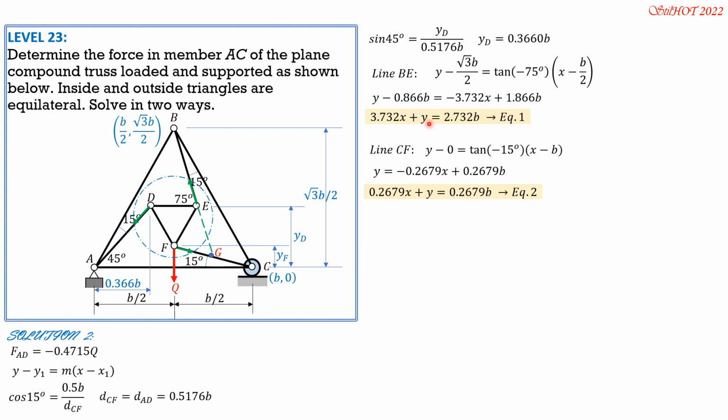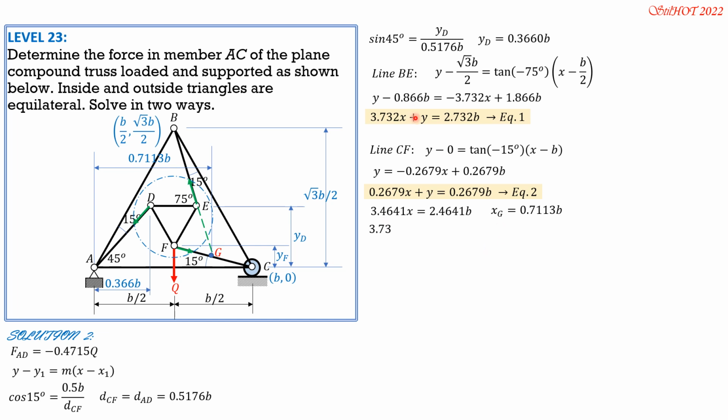So let's eliminate y by subtracting equation 2 from equation 1. So 3.732x minus 0.2679x is 3.41x, then 2.732b minus 0.2679b is 2.4641b. From here, we can now solve x, which is xg, and it is equal to 0.7113b. As shown in the figure, that's 0.7113b.